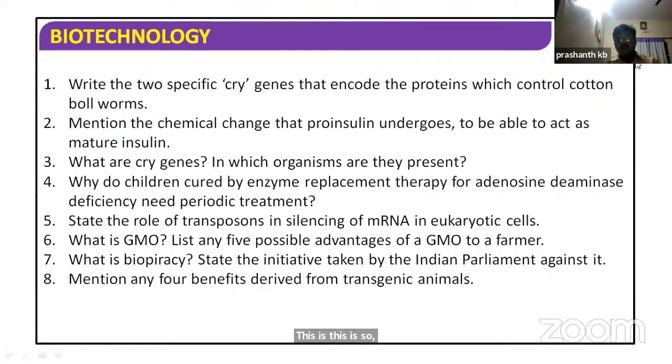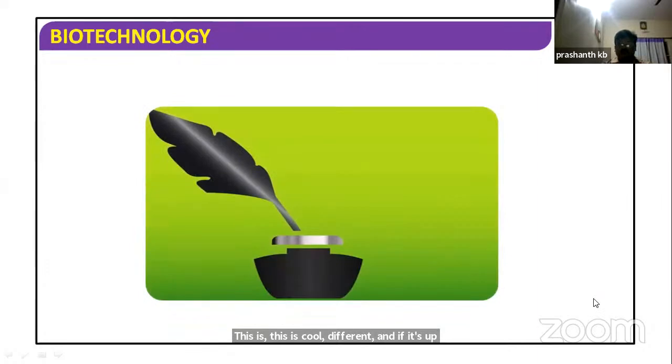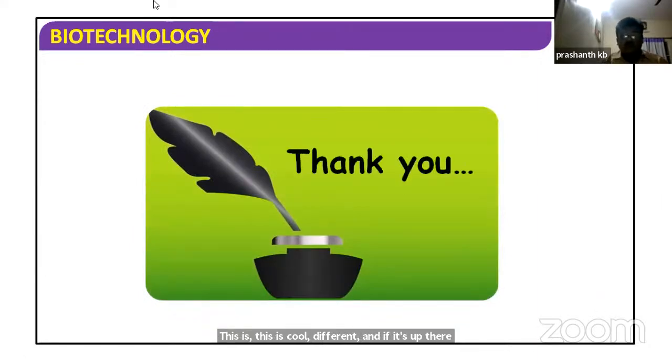So these are the 4 different benefits of the transgenic animal. Next. So thank you, students. Now, students, next class, I'm going to start strategies in enhancement of food production.